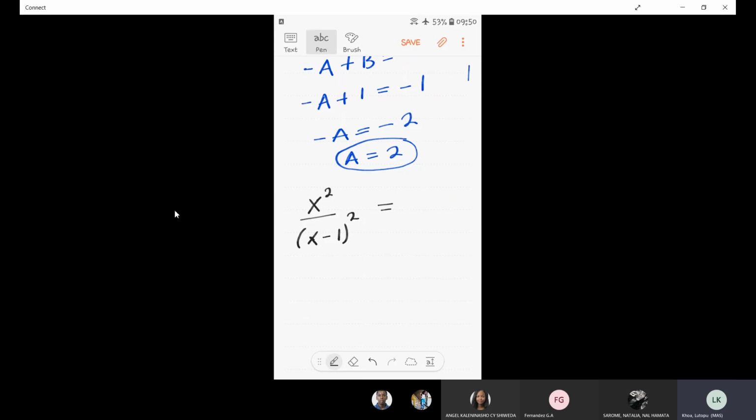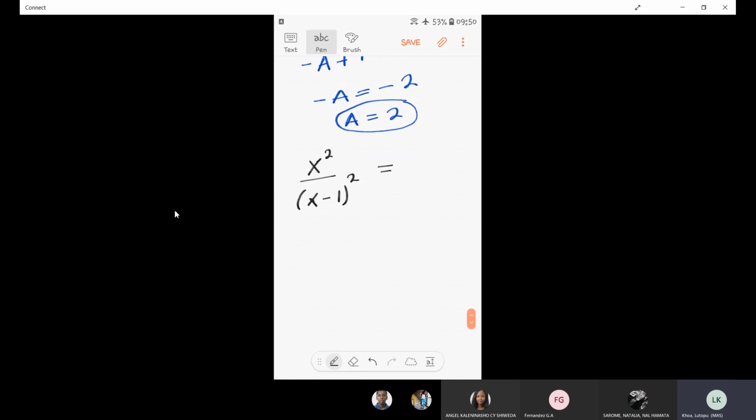When you decompose this into partial fractions, what I get is 1 that I got from the long division, plus a, which is 2 over x minus 1, and then b, which is 1 over x minus 1 squared.